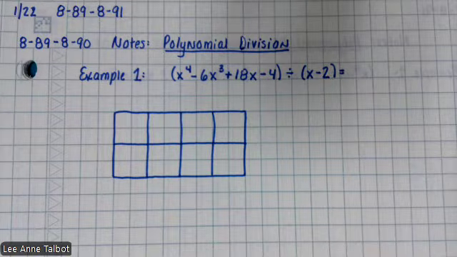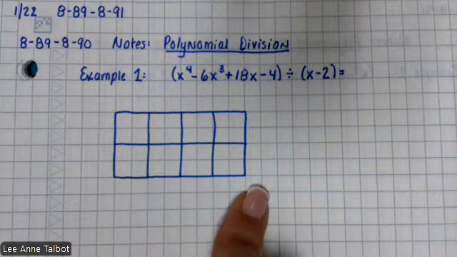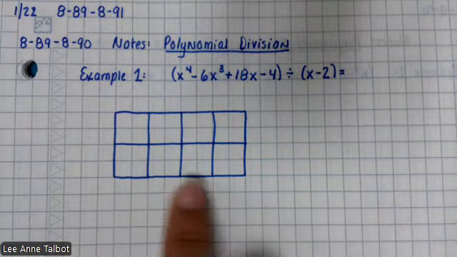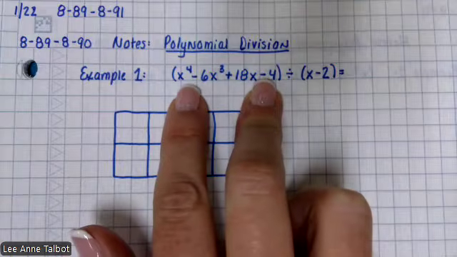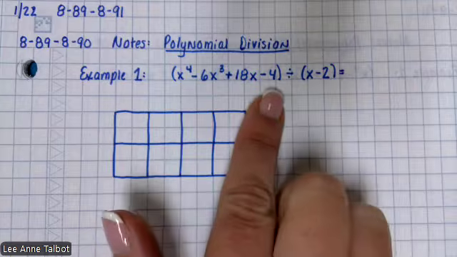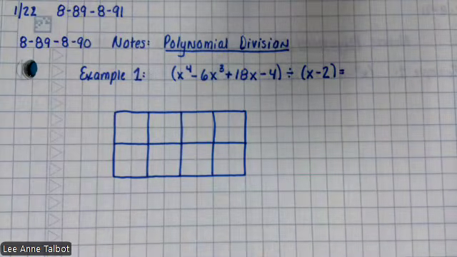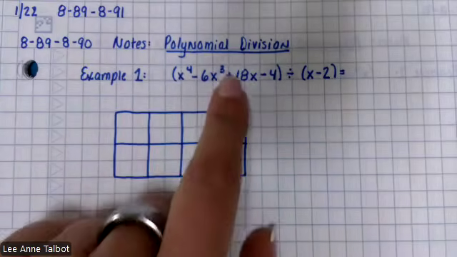Do you guys see how there's 5 vertical lines in this box? 1, 2, 3, 4, 5. But my dividend only has 4 terms in it. Can you tell which term is missing? The squared one. So 4, 3, uh-oh.